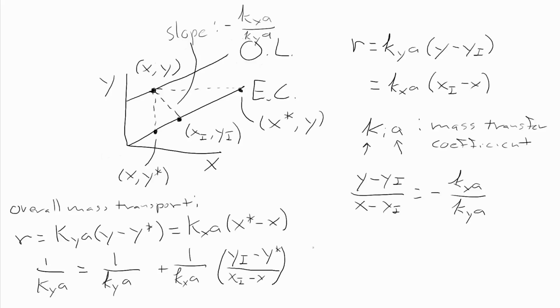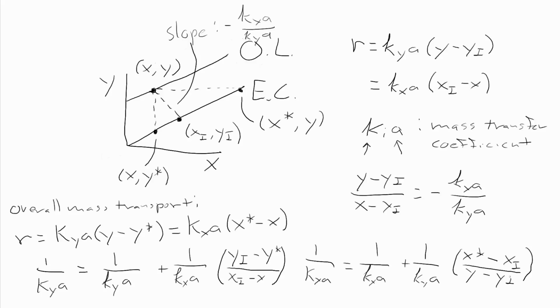And similarly, we get 1 over K_xa is equal to 1 over little k_xa plus 1 over little k_ya times (x star minus xi) all over (y minus yi).